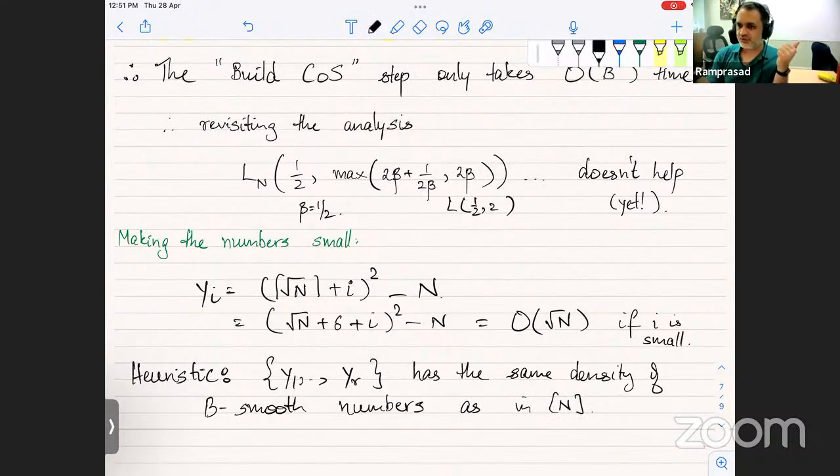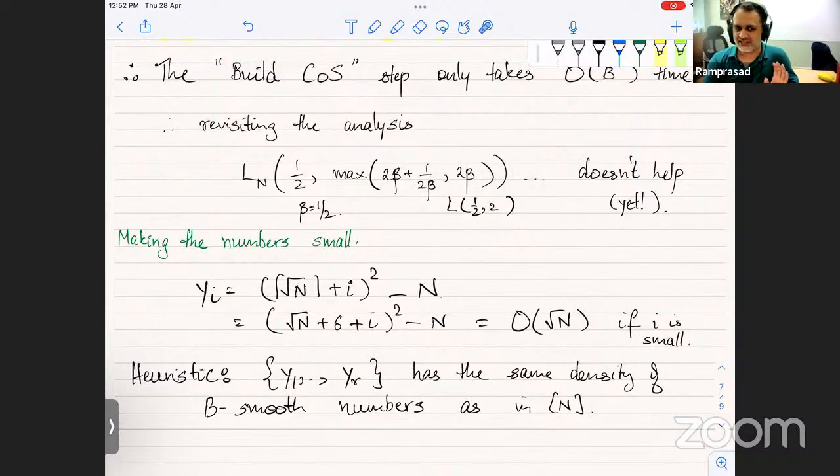I mean, the CEP bound was basically saying that if you look at the first n numbers, it tells you how many of those numbers are expected to be smooth. But I'm going to wave my hands and say, I have a certain set of R numbers, but I'm going to make this heuristic assumption that even among the set of R numbers, you roughly expect the same density of smooth numbers.